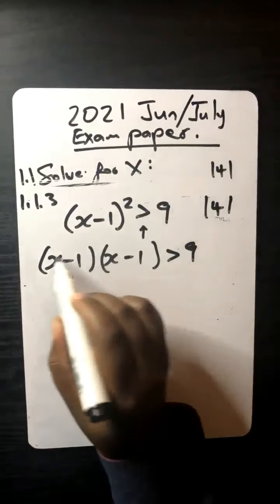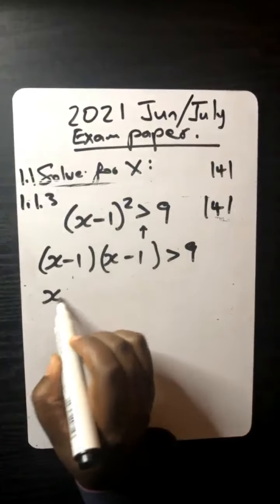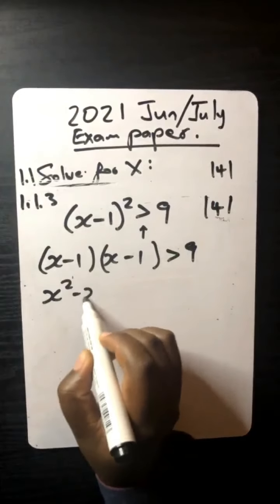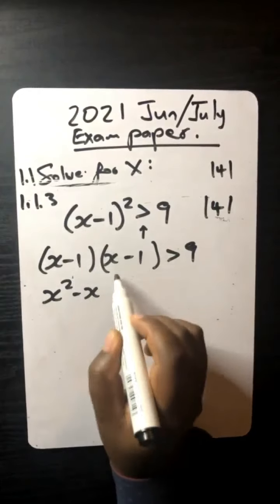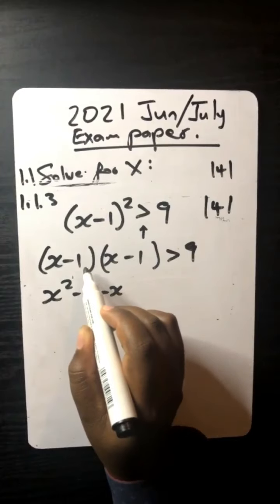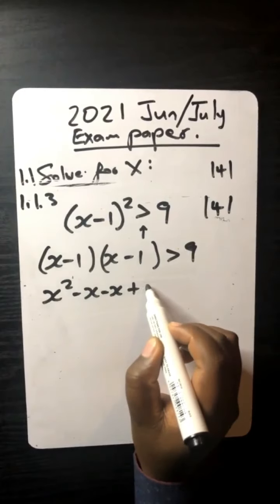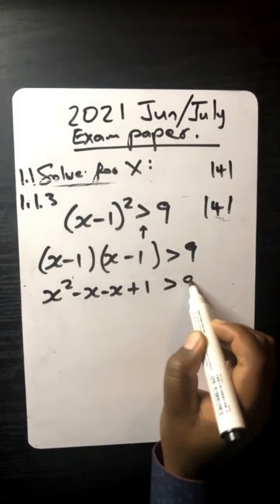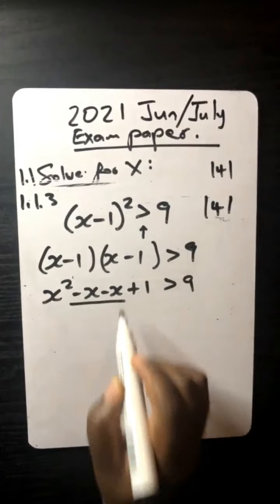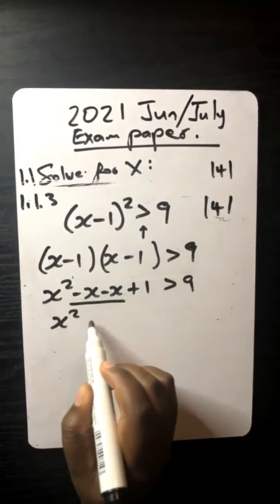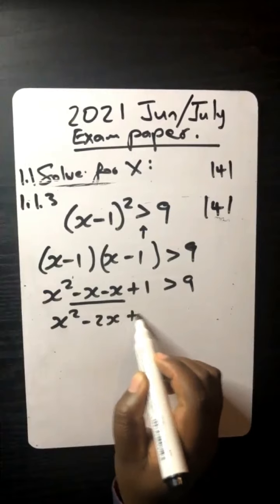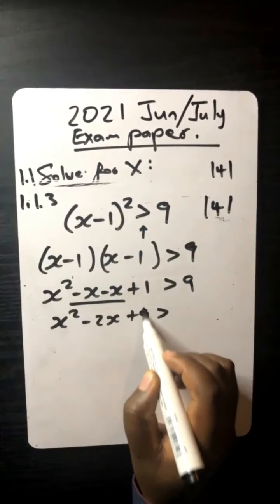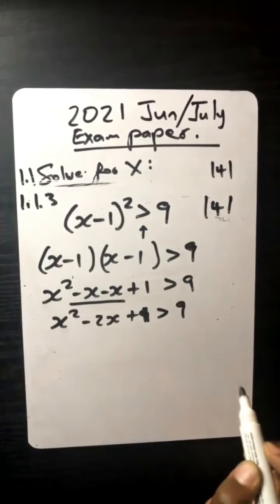So let's now work out all of that. We've got x squared, minus 1x, minus 1x, and that gives us positive 1, greater than 9. Then you work out the like terms. You've got x squared minus 2x plus 1 greater than 9.